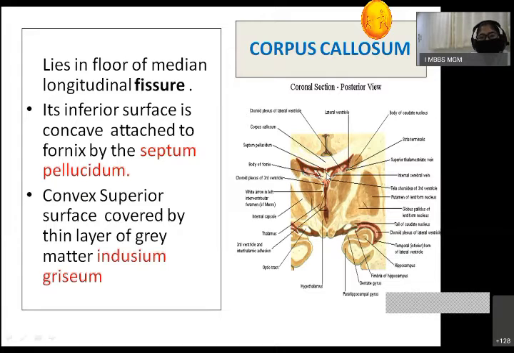Its convex superior surface is covered by a thin layer of gray matter called the indusium griseum.